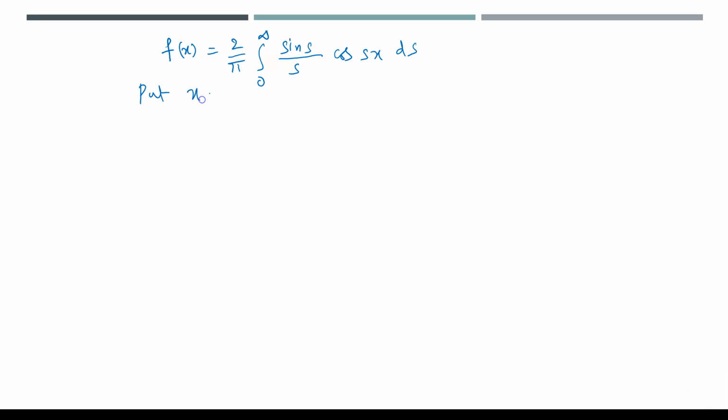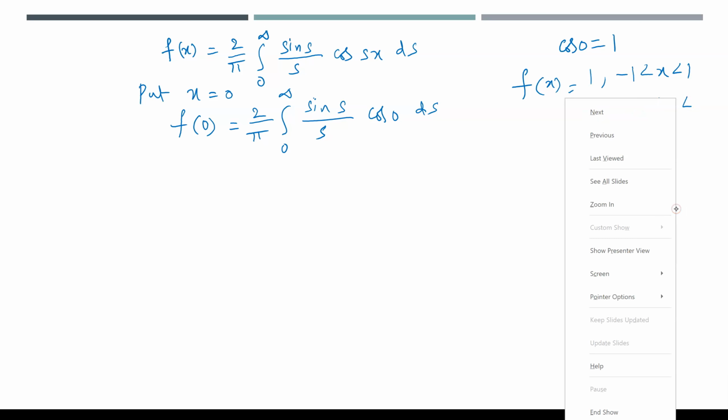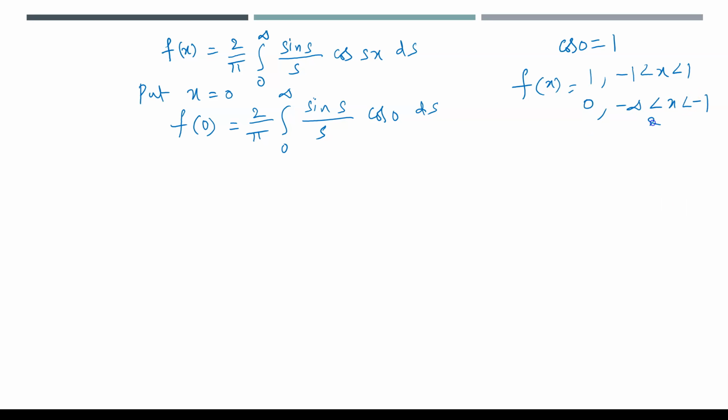Put x equal to 0, then we get f(0) equal to 2 by pi integral 0 to infinity sin s by s into cos 0 ds. The value of cos 0 is 1, and here f(x) equals 1 in the interval minus 1 less than x less than 1, and 0 in the intervals minus infinity less than x less than minus 1, and 1 less than x less than infinity.